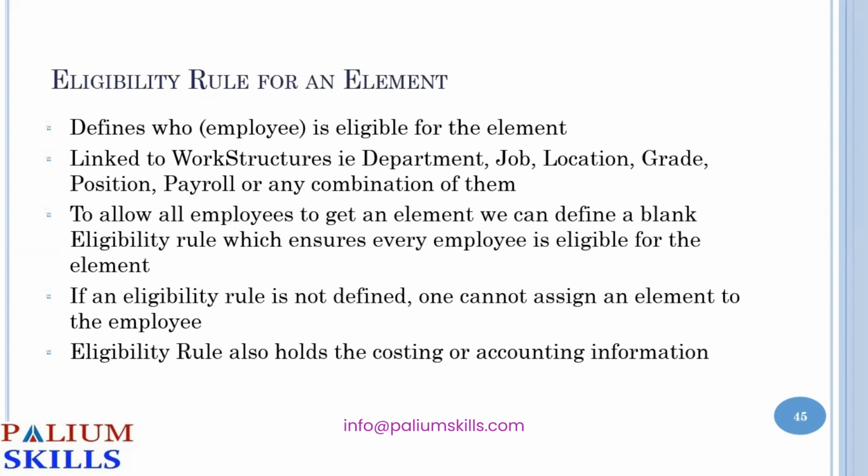What does it mean? You can say somebody in the location of, let's say, Lakshadweep or Andaman Nicobar, they will get a hardship allowance. They are living away from the mainland, so they are undergoing hardship.